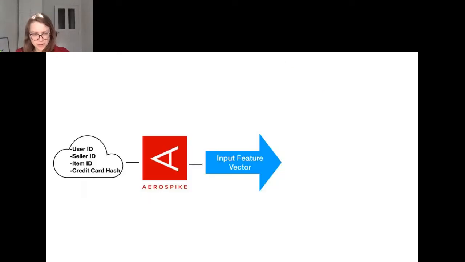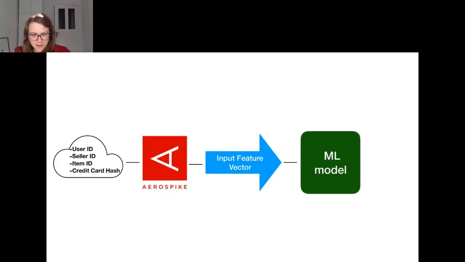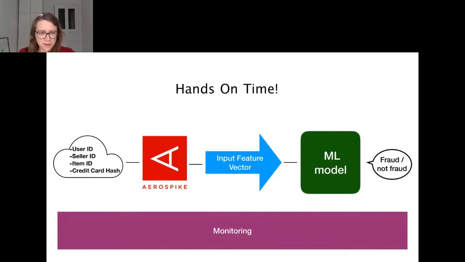So the way that they do this is, for example, they insert the user ID one time, and they pull out such an input vector. They insert the seller ID and pull out all the historic information about them. And all of them are fed to the machine learning model. The model responds with fraud or not fraud. Actually, they have a calculator based on all the numbers.